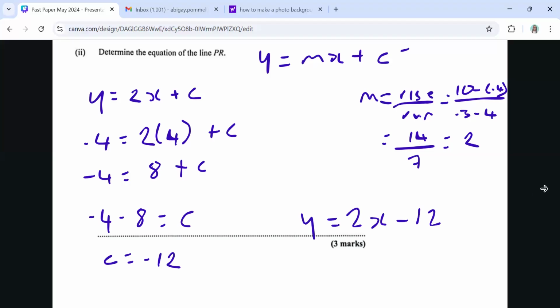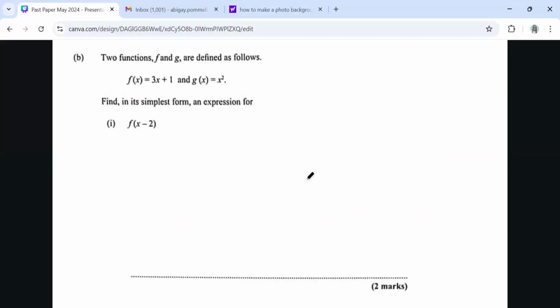Right, next, we have two functions f and g defined as follows. f(x) equals 3x plus 1 and g(x) equals x squared. Find in the simplest form an expression for f(x minus 2). Now, this should be one of the easiest parts. I love this very much. All I have to do is plug in wherever x is in the f equation.